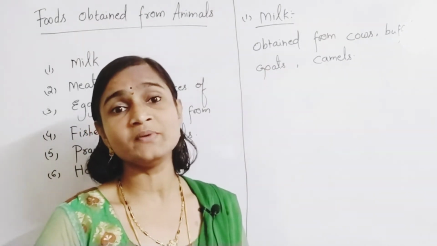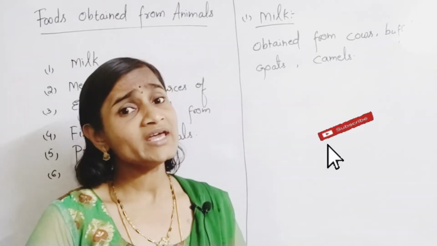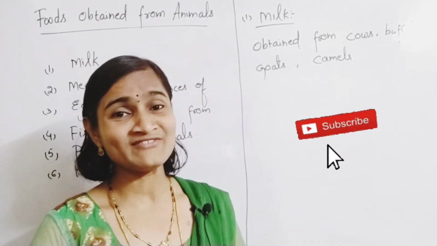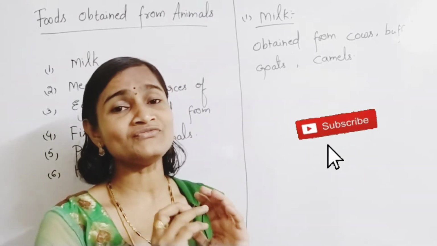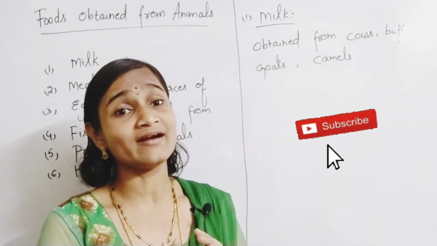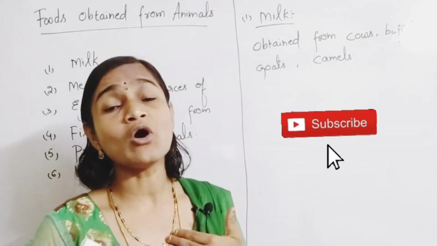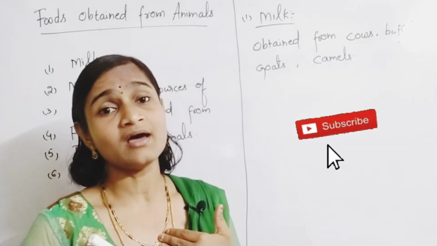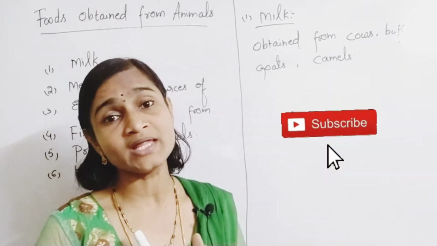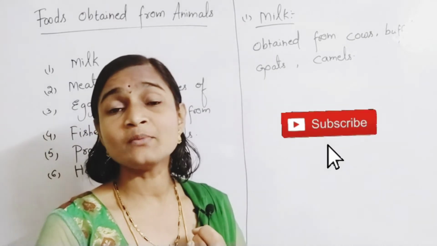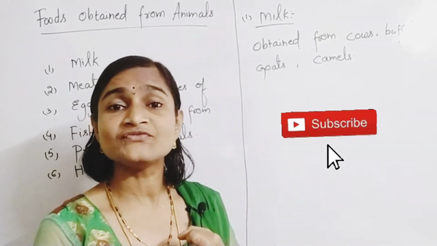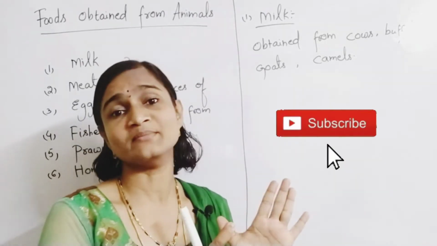You all know that milk is a complete food. Milk is considered to be what? Complete food. Why do we call milk a complete food? Because milk gives us all the types of components which are required for our healthy living. Milk consists of carbohydrates, proteins, fats, minerals and vitamins.